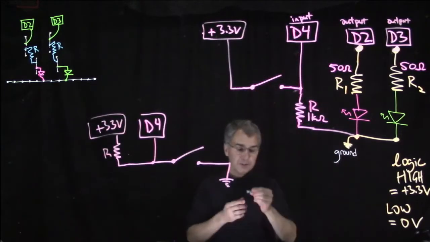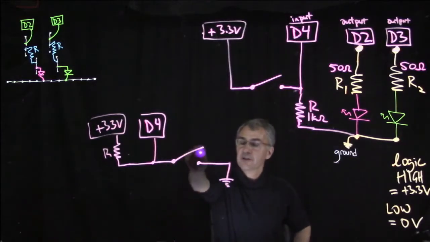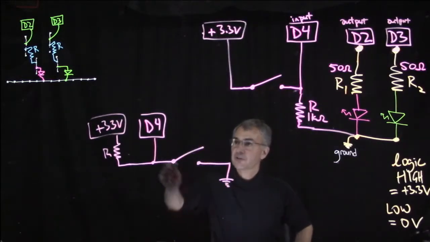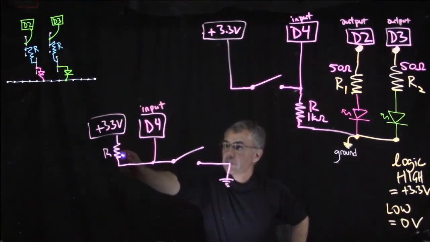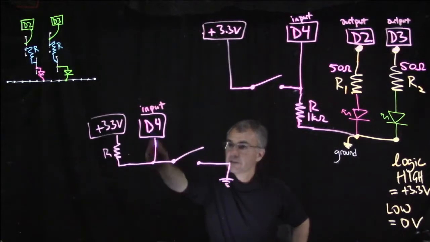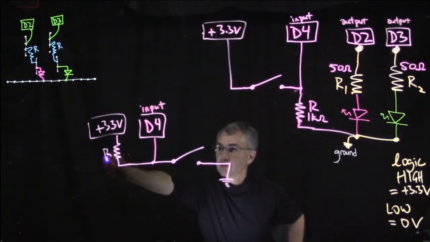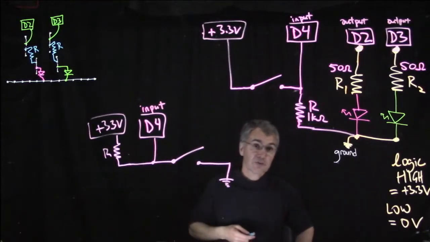There is another way we could do it if we wanted to. We could make it so that if the button is not pushed, input pin D4 sees plus 3.3 volts through this resistor, and if the button is pushed, then we have basically a 0 ohm or a small fraction of an ohm connection through the switch to ground, and we have like a 1000 ohm connection to plus 3.3 volts. So the one with the much smaller resistance wins.